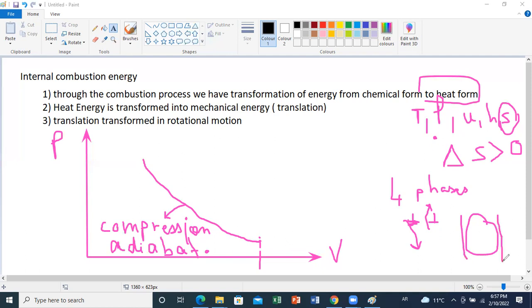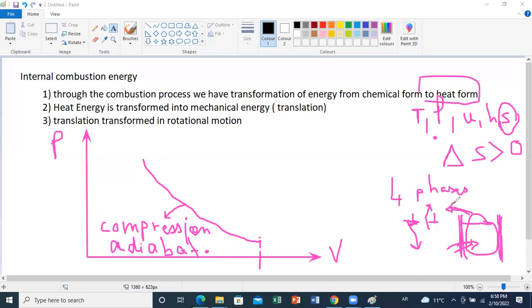Of course, in reality it might not be very accurate, because you will always have some losses. Sometimes at the end of combustion your surfaces of the cylinder are of very high temperature, so at a certain stage heat transfer will go from the surfaces towards the mixture, and as you compress and increase your temperature, you will reach a stage where heat will be transferred from the mixture towards the surfaces.